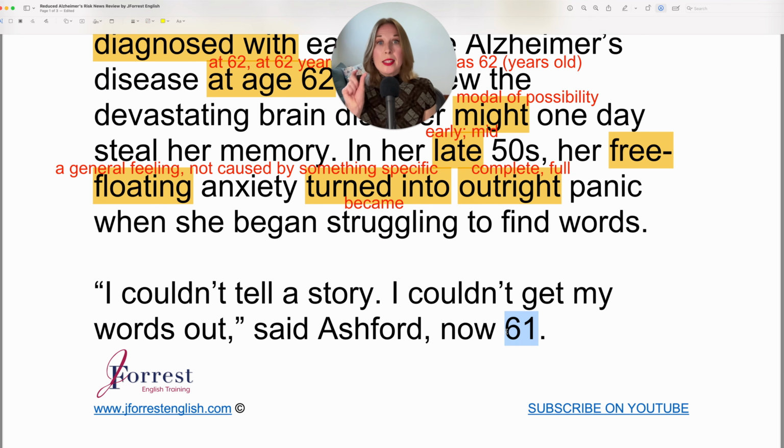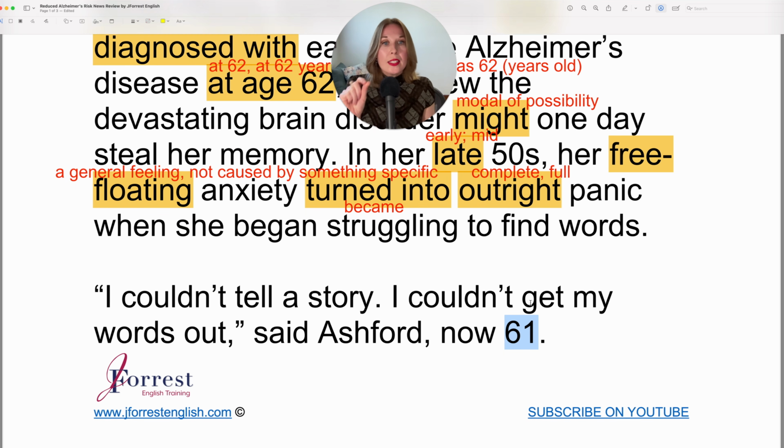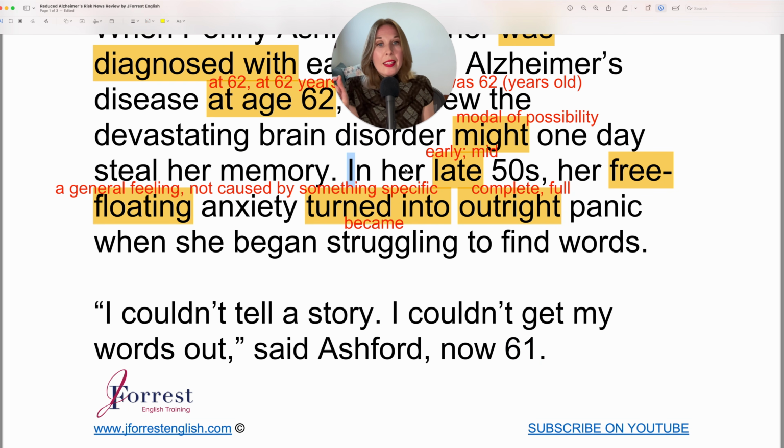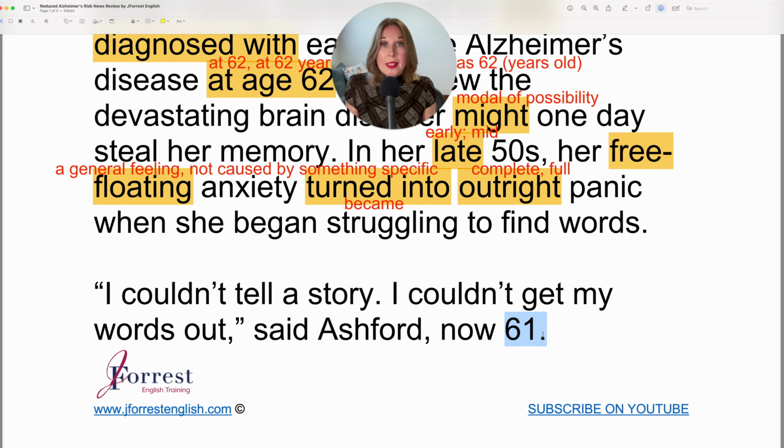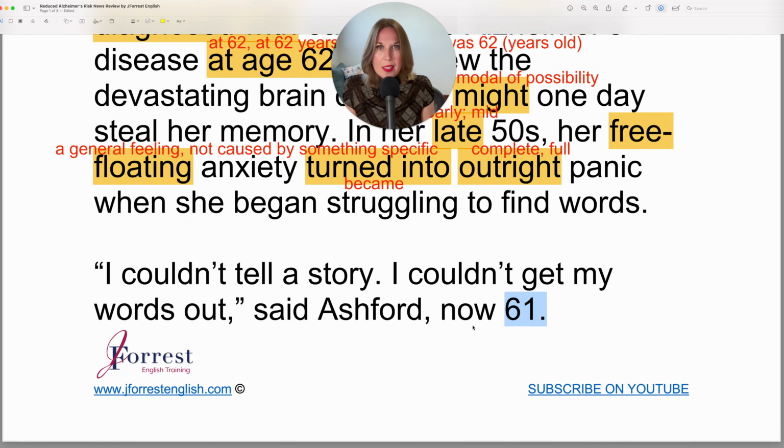This is a specific number, obviously. You could also say now in her early 60s. But if you use that, notice the additional preposition, in, and then the decade belongs to the person, so the possessive pronoun. Now, in her early 60s. That's what 61 is, early 60s.